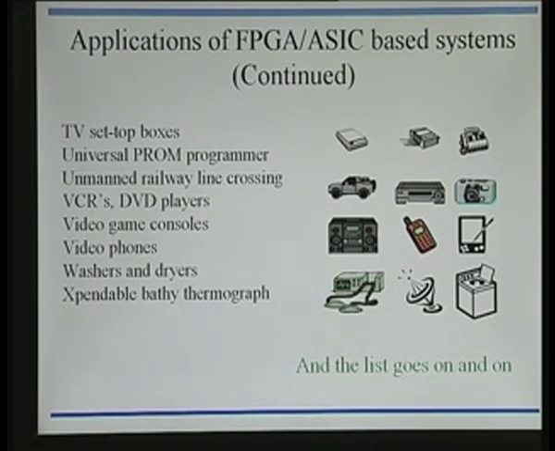And even VCRs and DVD players come with lots of ICs, and you can think of that as well. Although there are so many players around on that, there are also video game consoles, which we have already seen earlier, and this is an extension of a higher end version which you would have seen in many video parlors. And of course video phones you can use. We have already covered JPEG and MPEG.